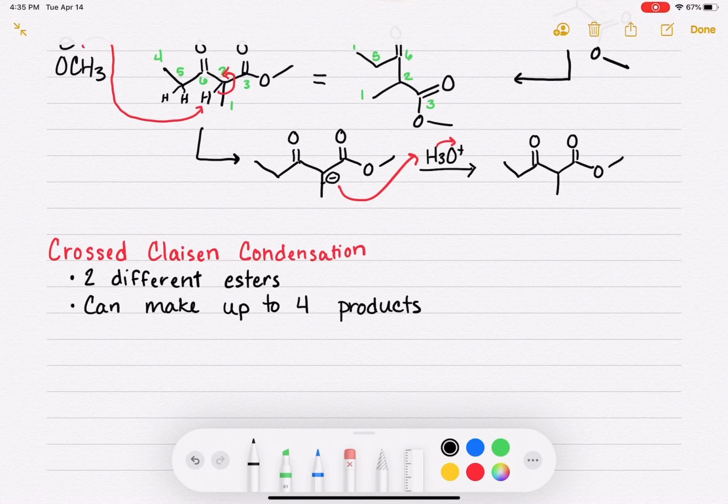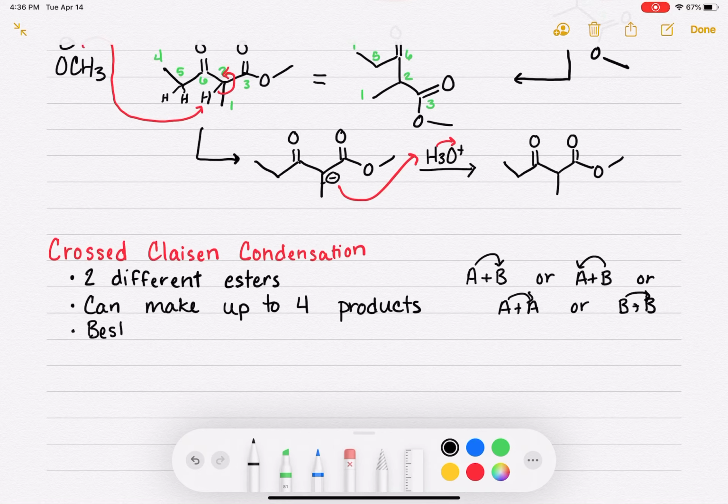When we were looking at this with the aldol reaction, remember I said you could have A attacking B, or you could have B attacking A, or you could have A attacking another A, or you could have B attacking another B. So you can get up to 4 different products, not thinking about stereoisomers. And that's really a bummer in the lab.